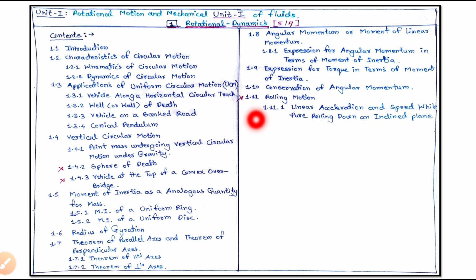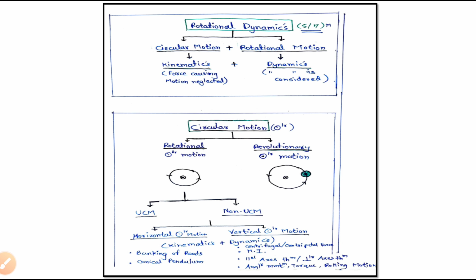And another article, rolling motion, has also been reduced for the current year. Up to circular motion we already studied this as an introduction in 11th standard. So let us see in particular this topic, rotational dynamics.